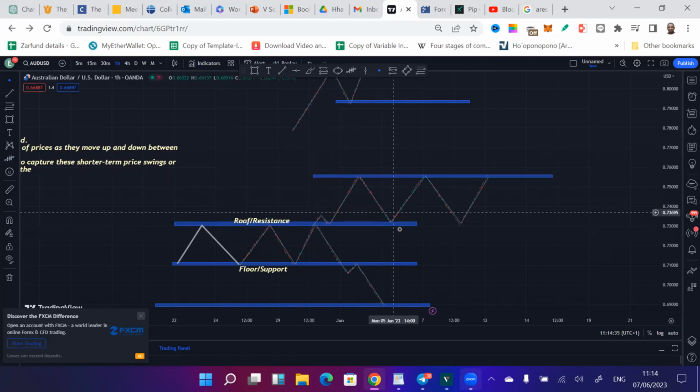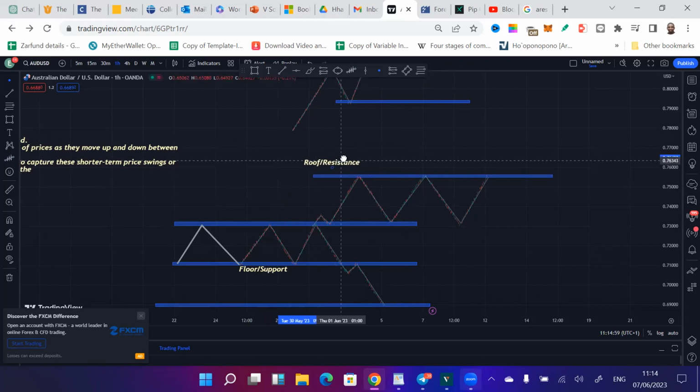We've already established that these up and down movements are called swings. But the tops here, where price reverses when it gets to a resistance or a roof, is what we call swing highs. Swing high.